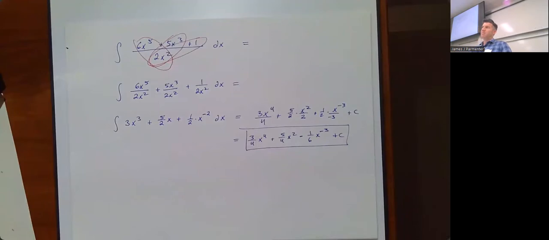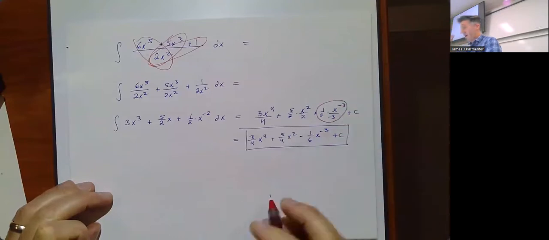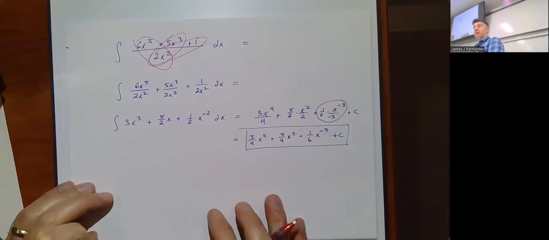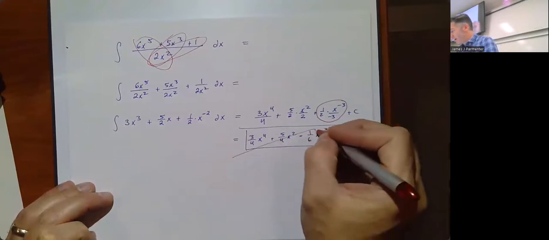Did I make a mistake? I did, but you guys let me get away with it. What did I do? Right. So this is not the right power here. I totally biffed it right there. I should be adding 1 to the power, which should give me x to the what? Right. So this is not correct.